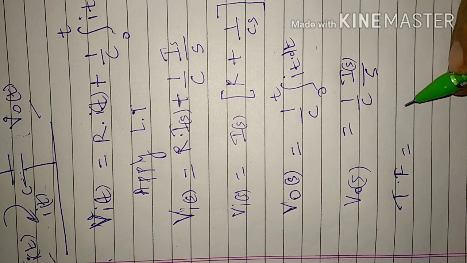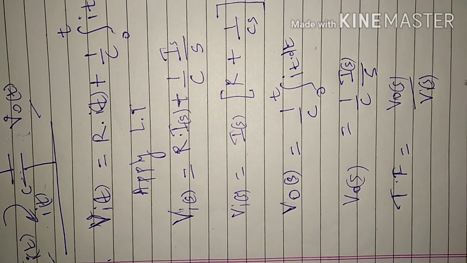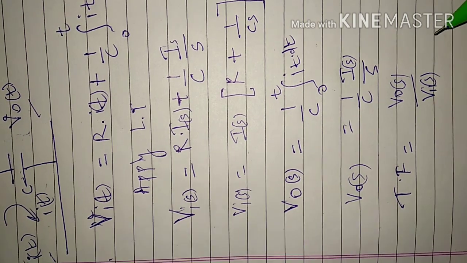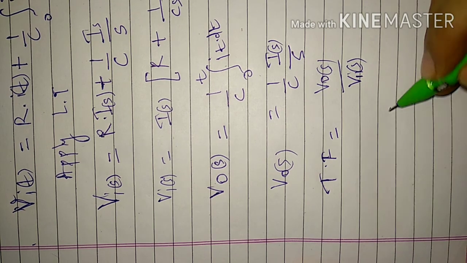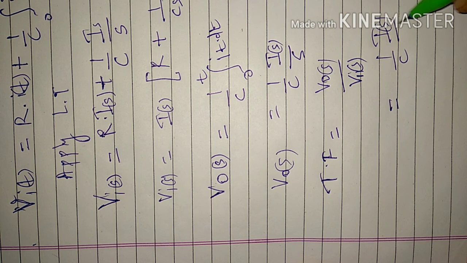Okay. Now the transfer function is what? Output upon input. The output equation is 1 by C I(s) upon s.